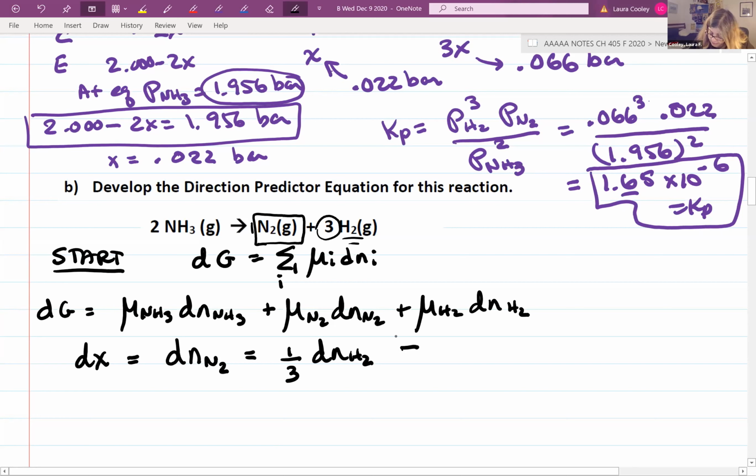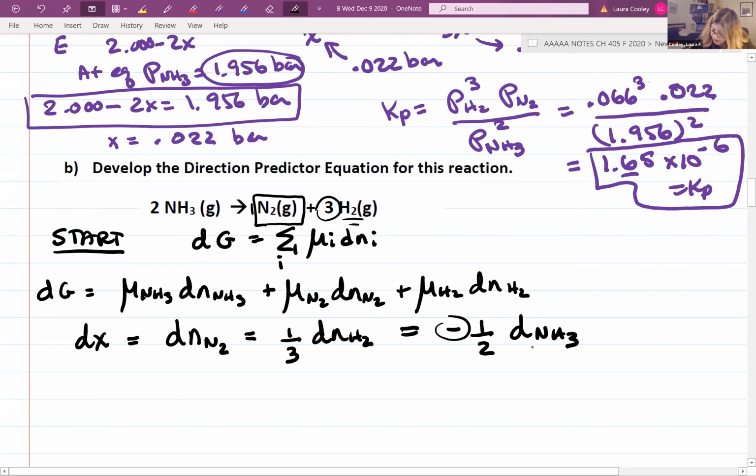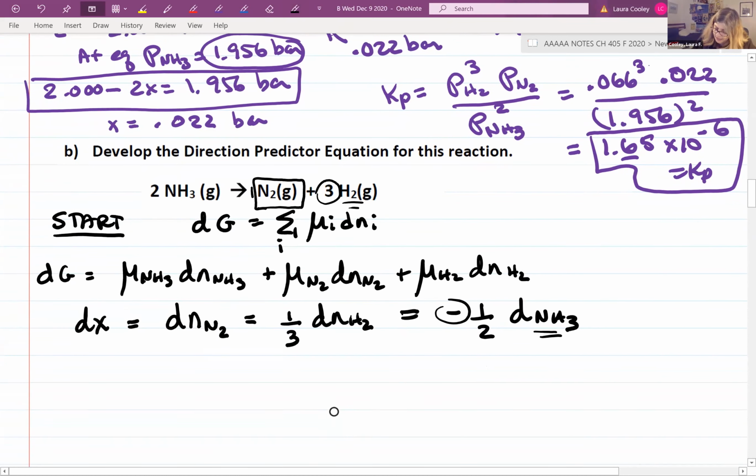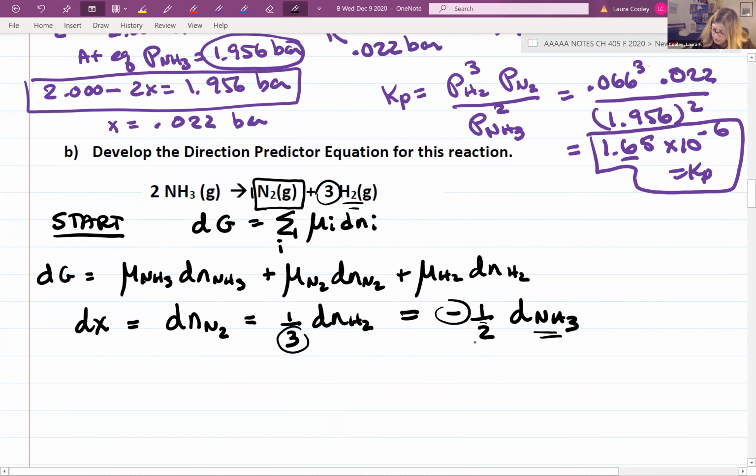And this is equal to the negative 1/2 of the change in moles of NH3, because this is disappearing, and it's disappearing 2 for every N2. All right. So we always divide by the stoichiometric coefficient. You put a negative sign in front of any reactant.